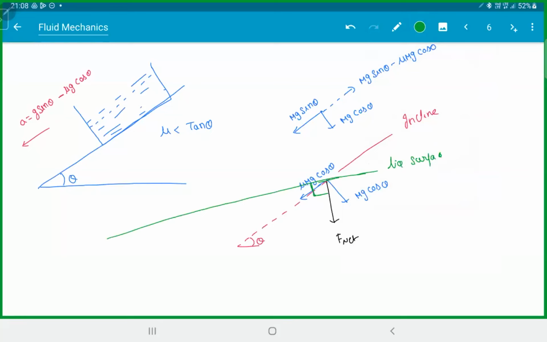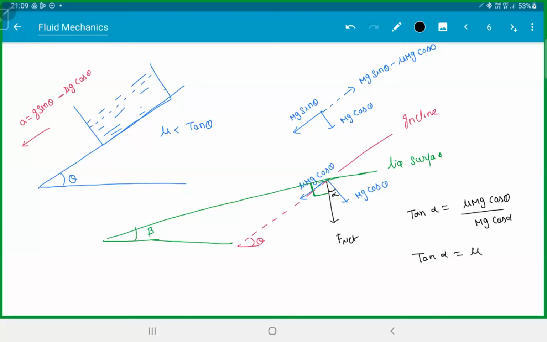Does everyone agree with that? And you have to find this angle here, let's call it beta, and let this angle be alpha. What is tan alpha? Opposite side, which is mu mg cos theta, by mg cos theta. So here we got tan alpha is equal to mu.